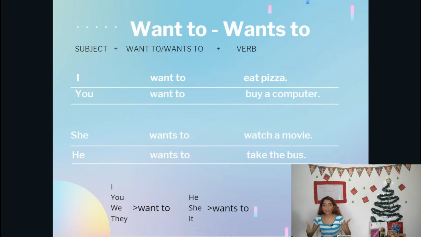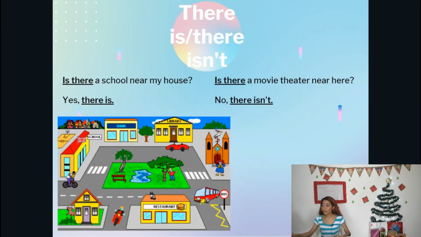Also, if you have a name, for example, Zoe wants to eat a cookie, okay? We are going to use wants because we know that Zoe is a girl, so it's the same as saying she, right?